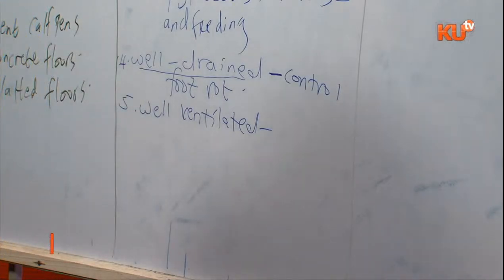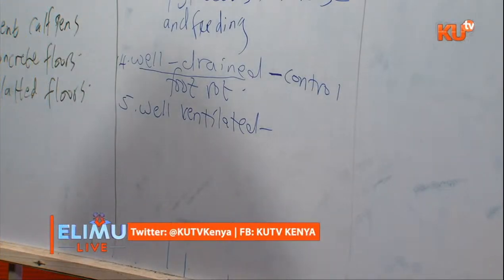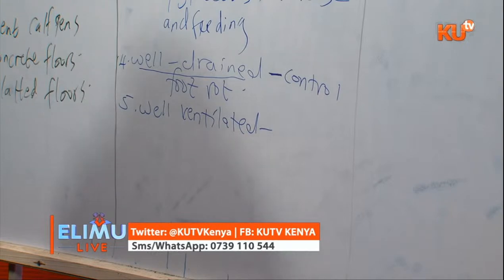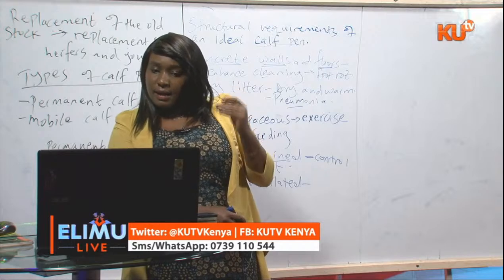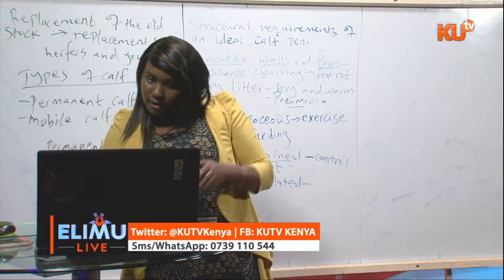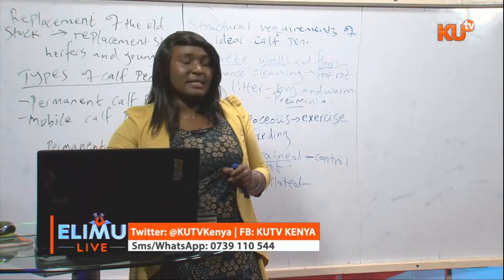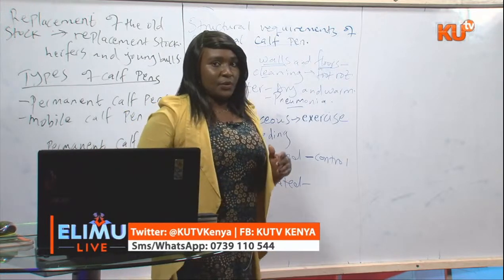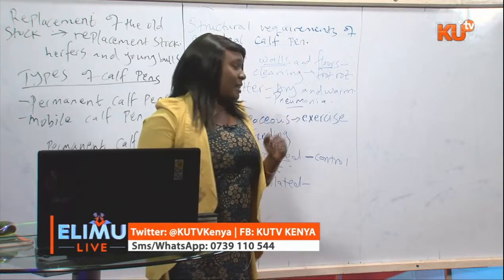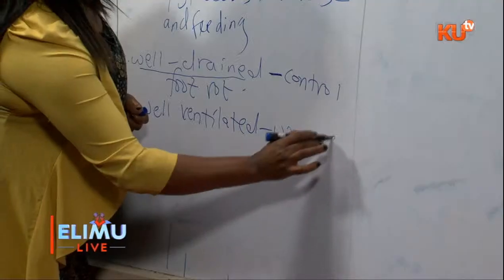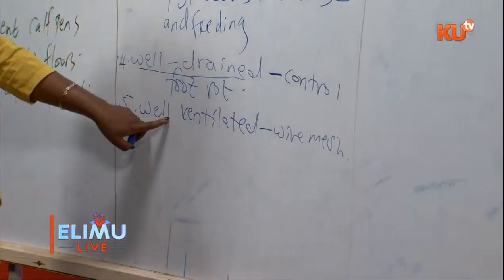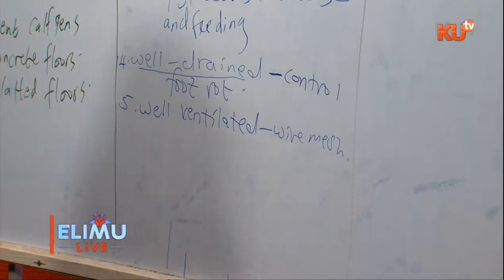So the idea of ventilation should come up, well ventilated. And well ventilated rooms, of course, are brought about by making sure that you put wire mesh. You make sure that there's a portion of the calf pen that has wire mesh. And of course, this boosts the immunity.